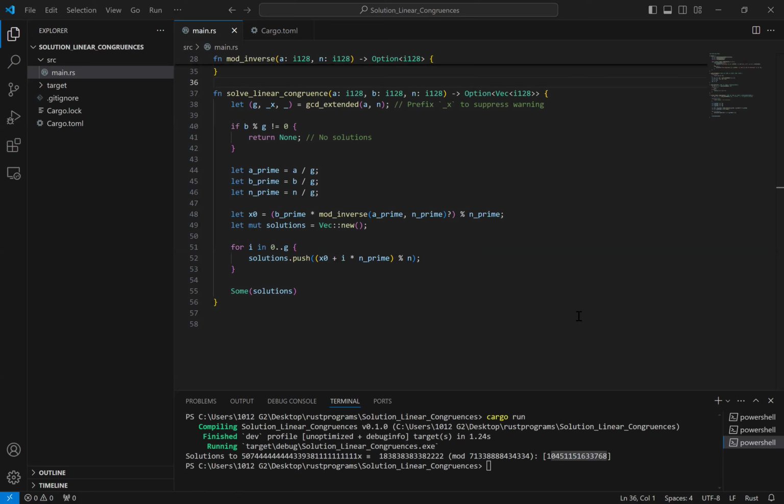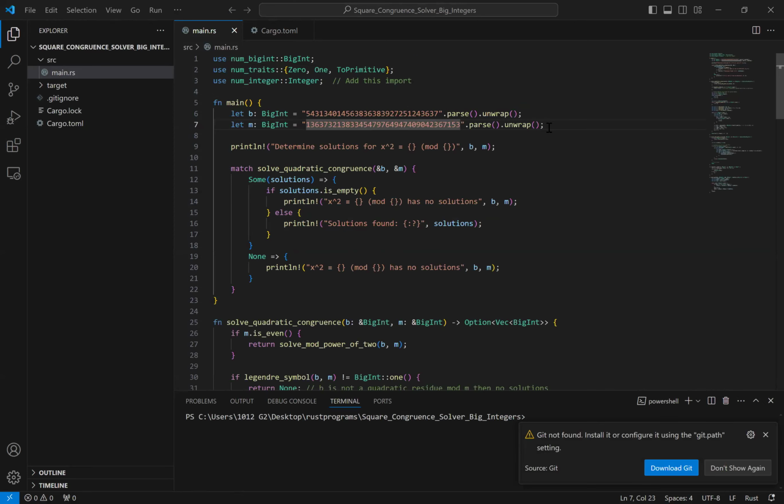Suppose you want to deal with numbers which are beyond 128. You're seeing the similarities in these codes: where there are big integers, we're just using BigInt, and then there's this part to take care of the overlap, and then you include the imports, these libraries.